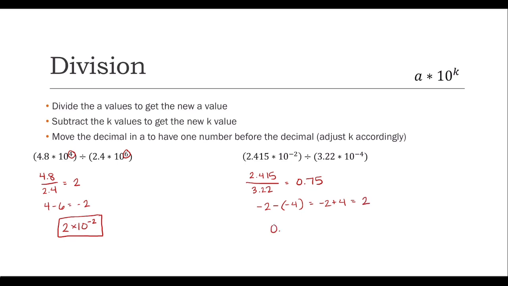So we have 0.75 times 10 squared. So our final step for this problem is going to be moving the decimal. We're going to need to move it 1 to the right because we need the 7 before the decimal place. Since we're moving it to the right, we're going to need to subtract 1 from our exponent. So we'll have 7.5 times 10 to the first, which is also just equal to 7.5 times 10.